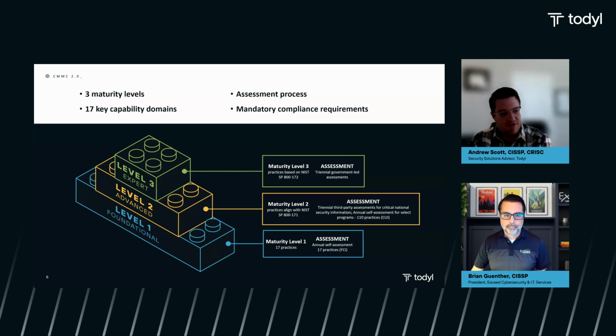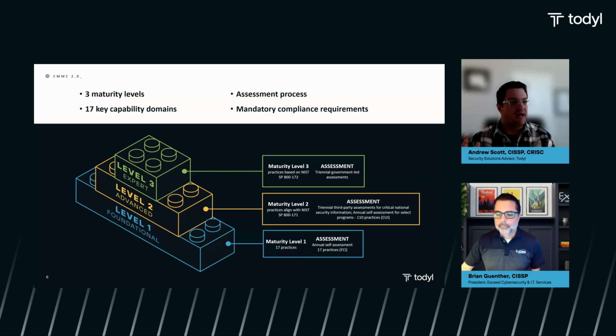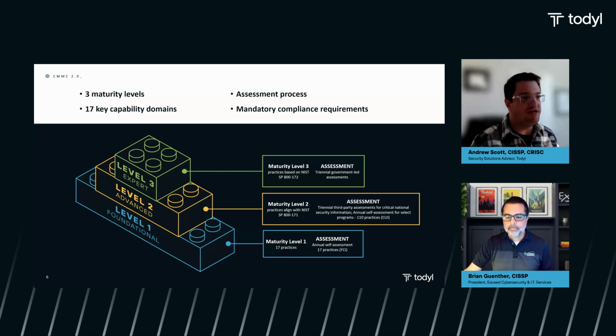So is it federal contract information, right? Are they really leveraging or holding CUI, controlled unclassified information? And so not everybody is going to need to fall into, in terms of security program posture, a maturity level two.